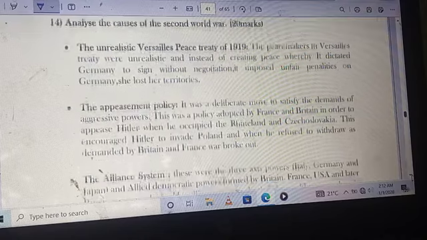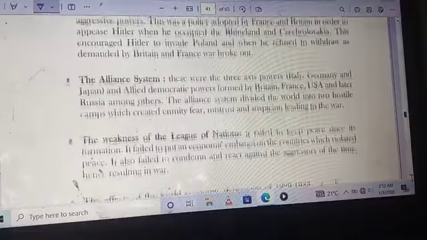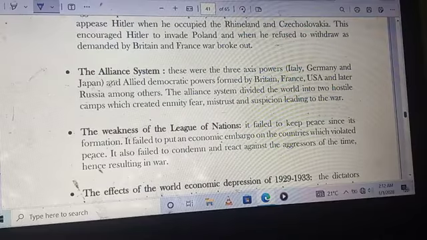You see. And the next cause of the Second World War is the alliance system. Next is weakness of weak nations.